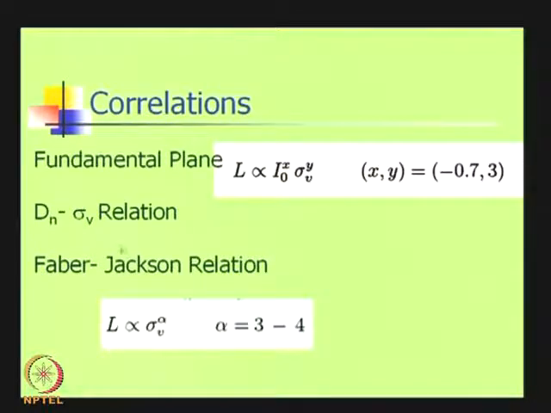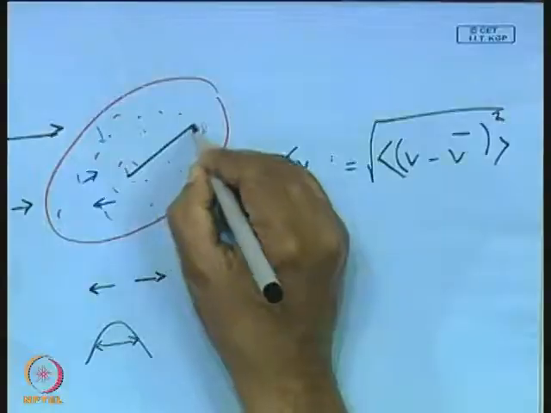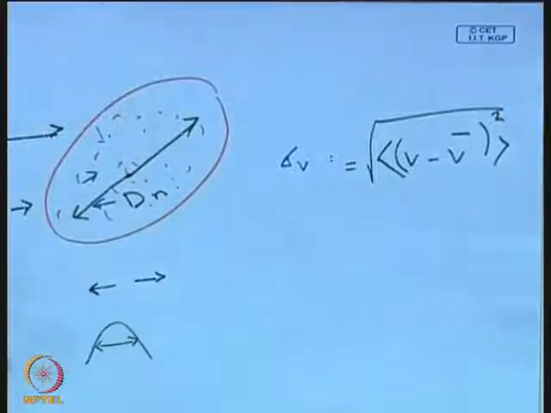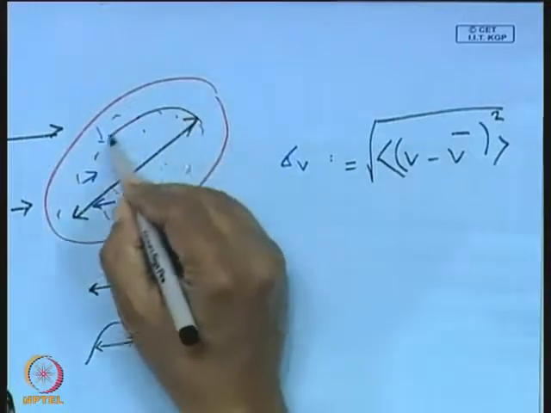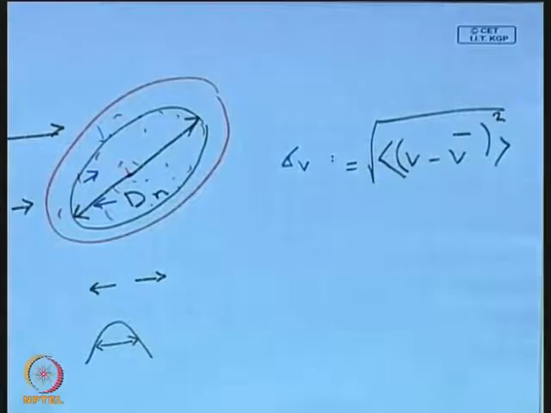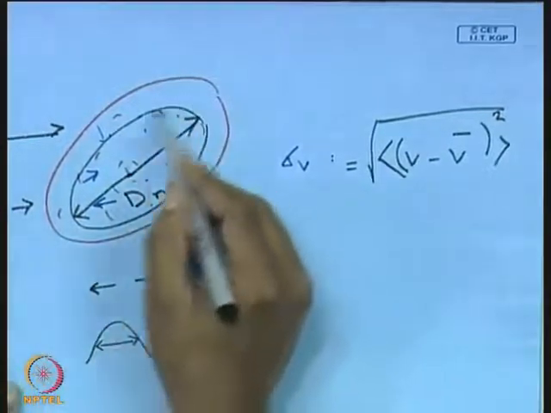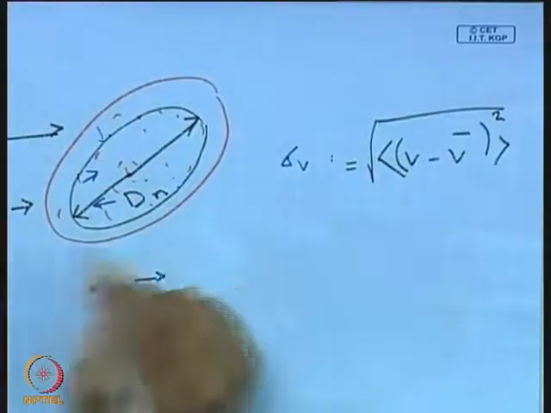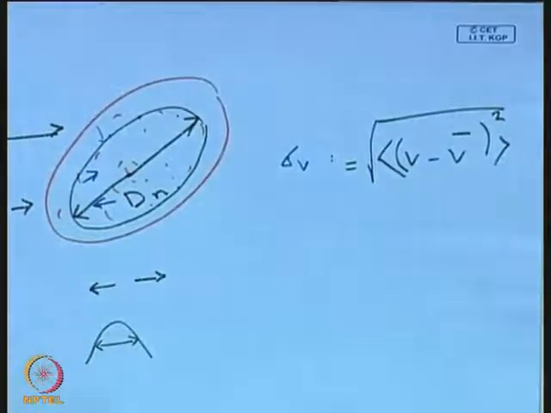Another possibility is what is called a sigma Dn or Dn sigma relation. Dn is the diameter of the galaxy, and it is defined in such a way that the average specific intensity inside this diameter has a particular value. Okay, so you have an image of a galaxy, you find the diameter inside which the mean specific intensity has a particular value. It is found that that is related to the velocity dispersion.